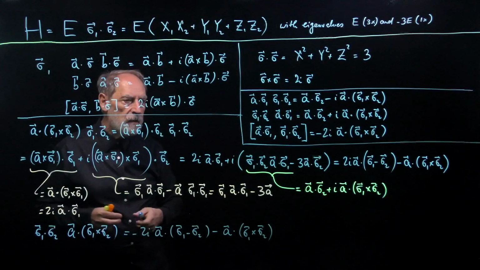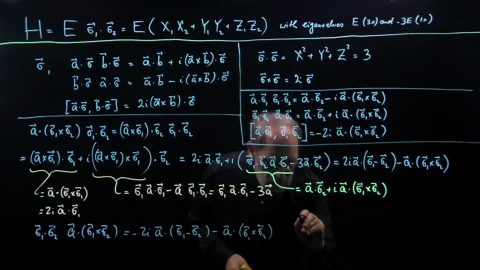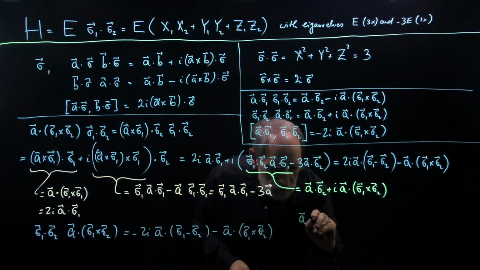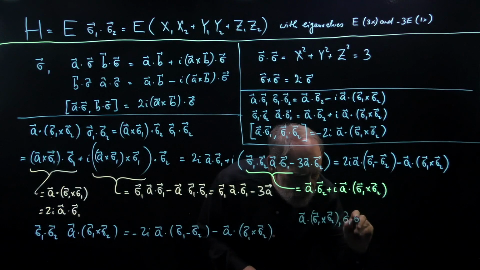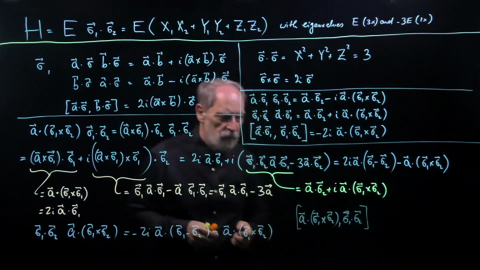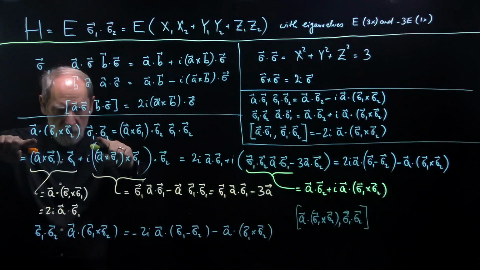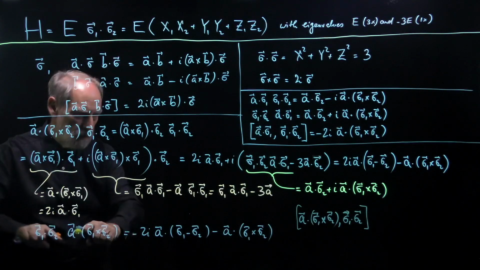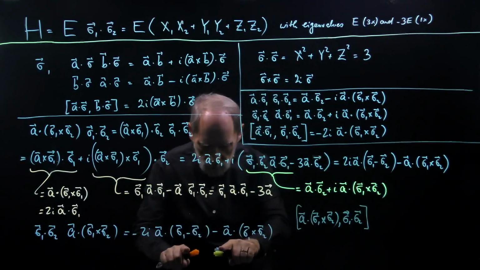And therefore, if I want to have the commutator of A dot sigma 1 cross sigma 2 with sigma 1 dot sigma 2, for this commutator I have to take this product minus this product, which means I have to take this expression minus this expression.